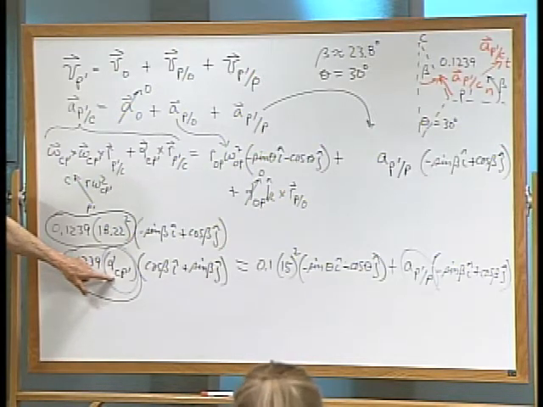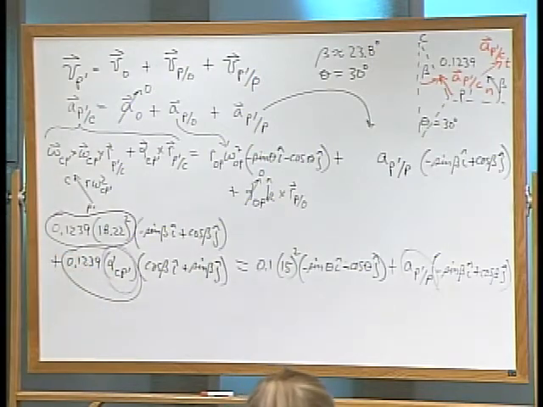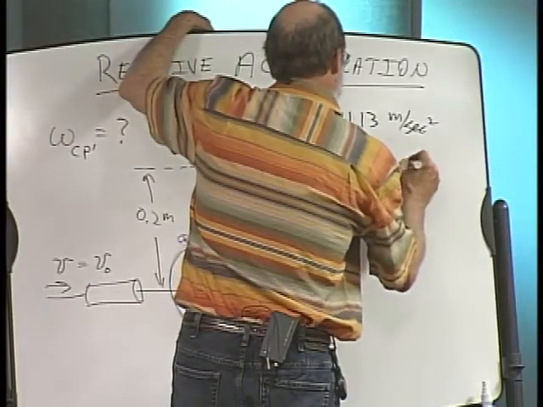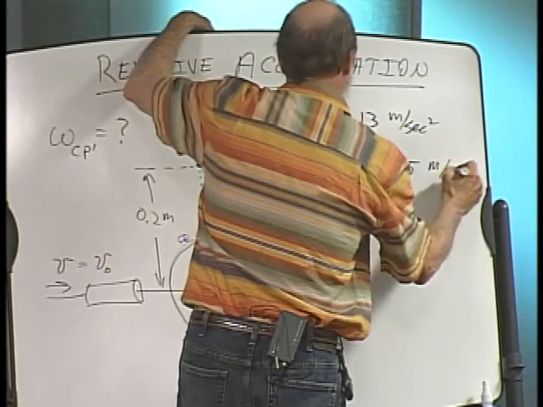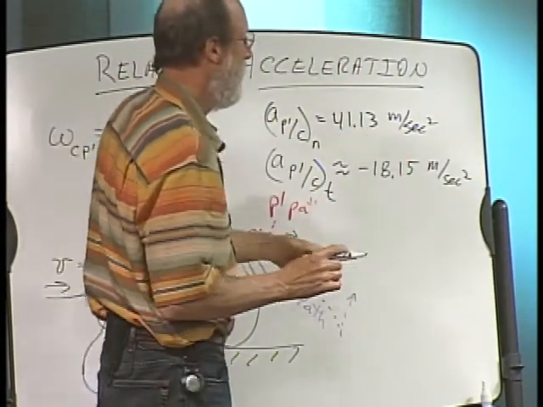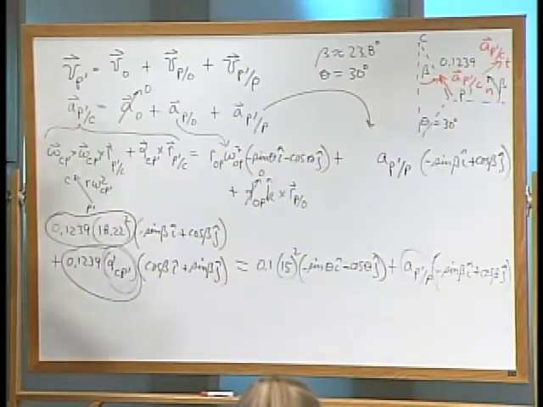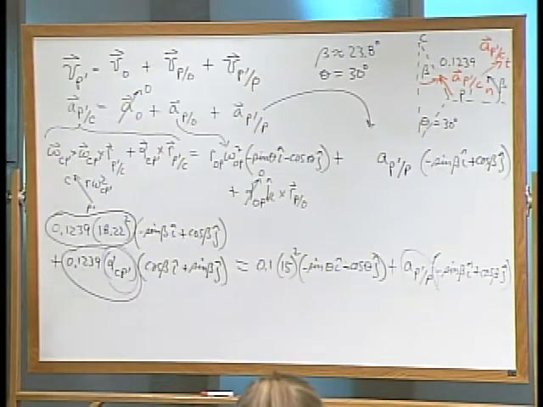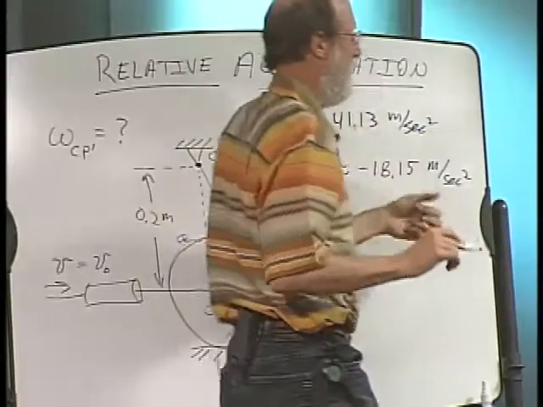That would be negative 18.15. Okay, that sounds right. 18.15, again meters per second squared. Okay? 18.2 is fine.